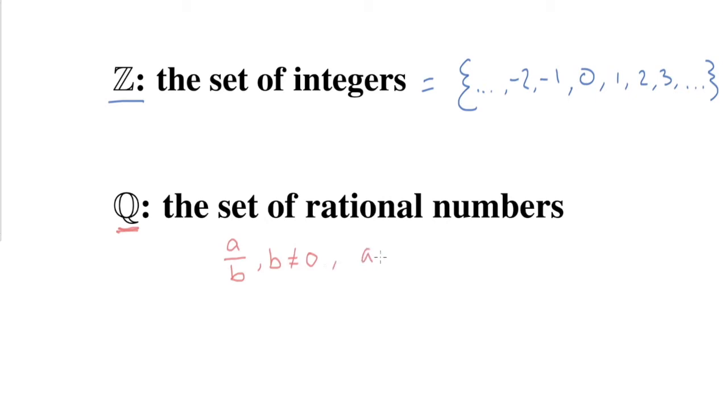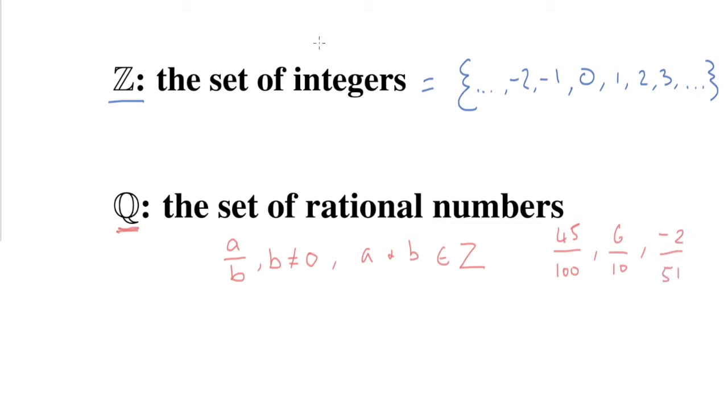And then A and B are members of the set Z. So A and B are whole numbers, they're integers. So, you know, what would be some examples? We could have 45 over 100, we could have 6 over 10, we could have -2 over 51, and so on.